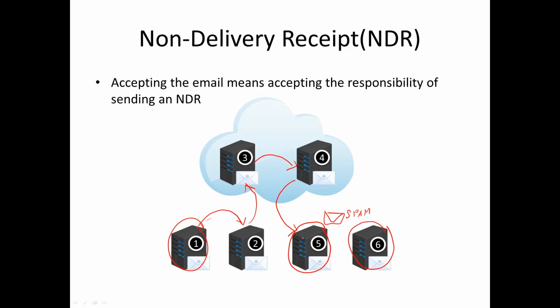So SMTP server 5 put the message under quarantine. The same question: which will be the one responsible for sending an NDR? In this case, by default, SMTP server 5 will not be sending an NDR. In fact, no NDR will be generated in this scenario.